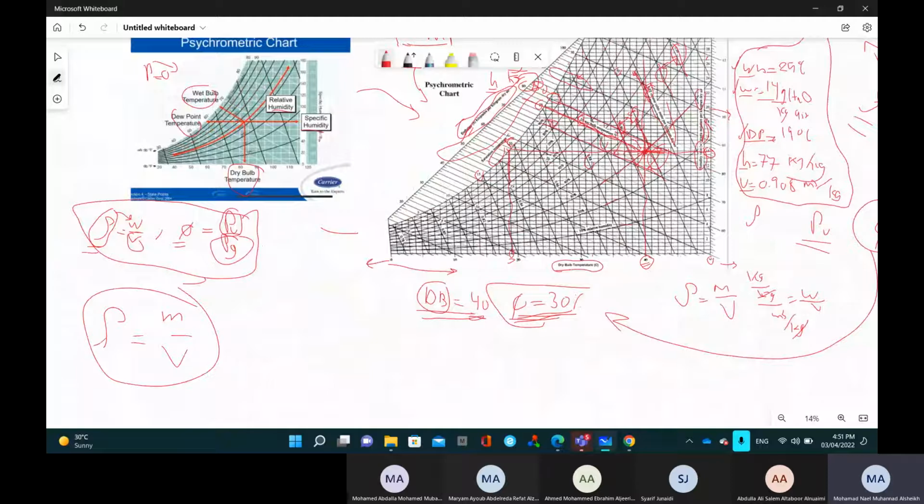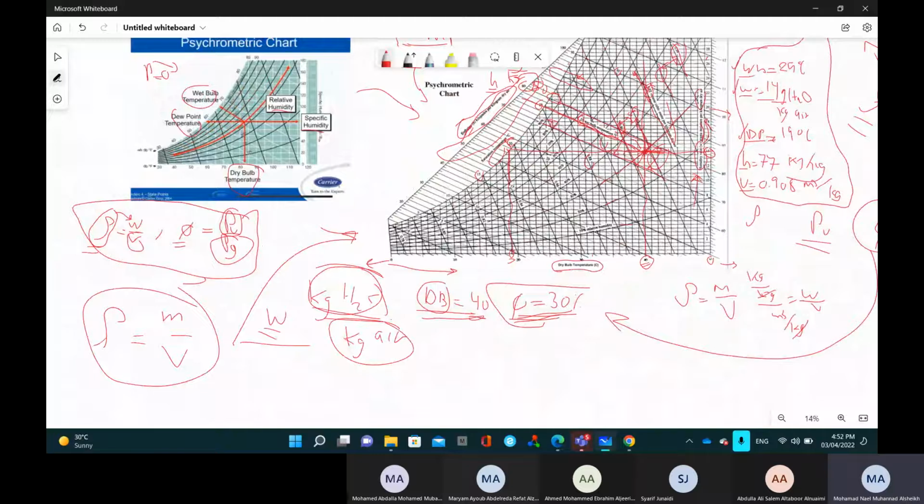And here, if we want to find the density of the vapor, using the properties that we have, there are two things that we can determine with. First is the humidity ratio, W, because we know W is kilogram H2O over kilogram air. From the definition, the humidity ratio is the mass of the vapor divided by 1 kilogram of air.